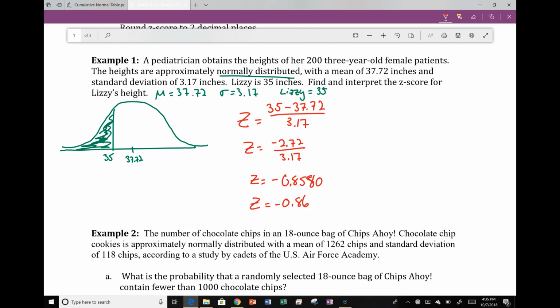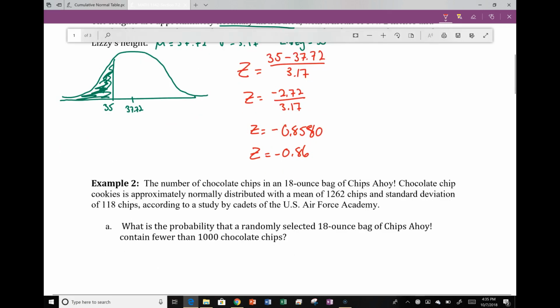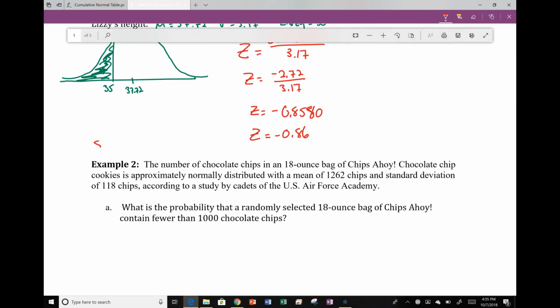So what does this mean for Lizzie's height? Since Lizzie's height is below the mean, she has a negative z-score.